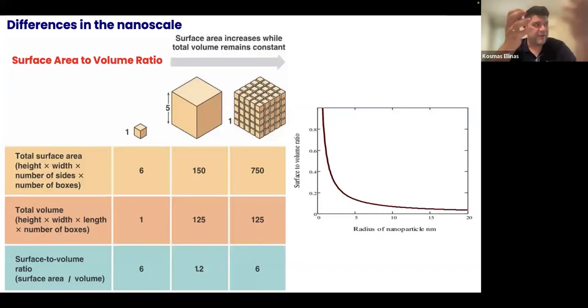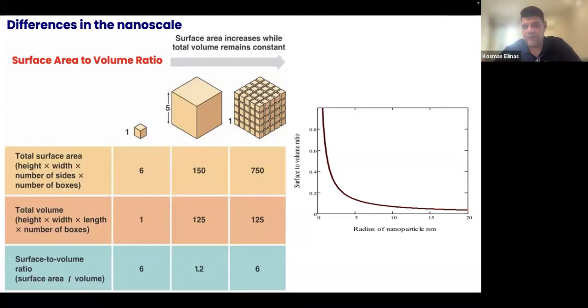But what are the differences in the nanoscale? We said before that material, physical properties change in the nanoscale. One important difference is that the surface area to volume ratio increases if we have a nano object. Here you can see an example in which we divide a square into smaller cubes.